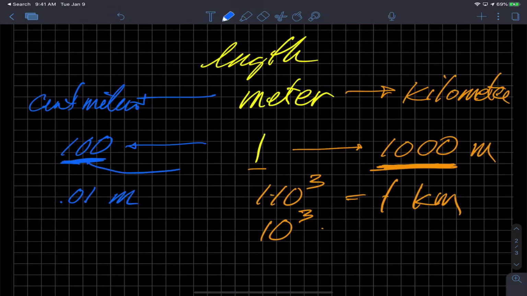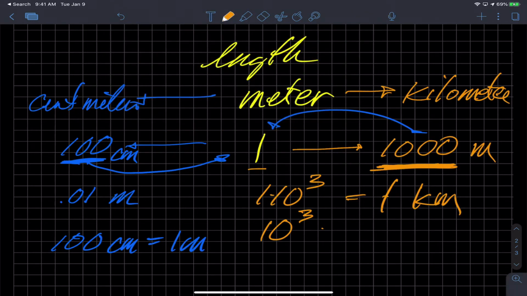So this many are in there, and this many of these is in here, right? So this is 100 centimeters. Let's correct that. 100 centimeters is equal to 1 meter. Over here we're saying that 1,000 meters is equal to 1 kilometer.